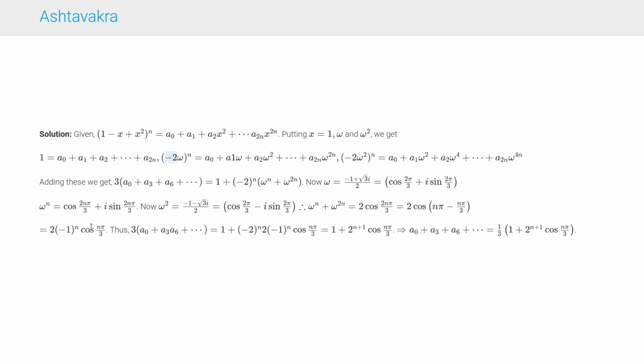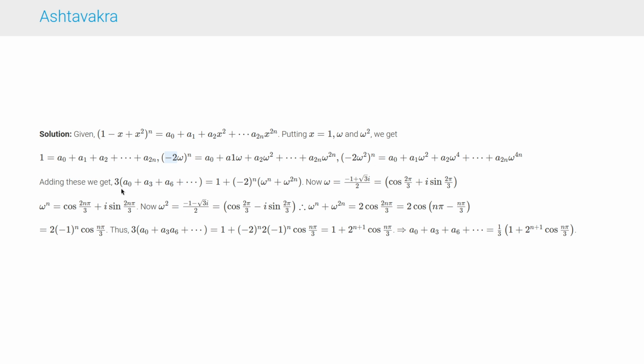So this is equal to, sorry, there is a mistake here. So no, there is no mistake. This is equal to 2 into minus 1 to the power n cos n pi by 3.